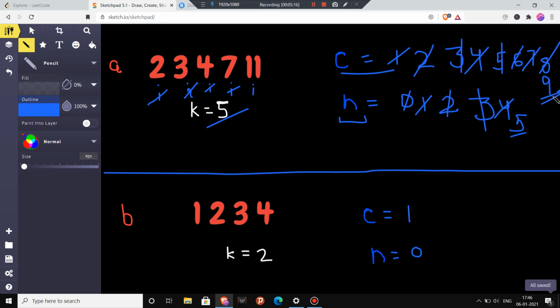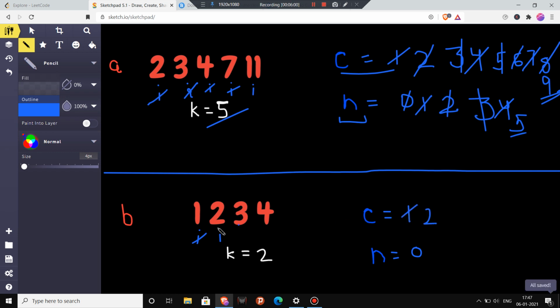Now look at the second example, it will become more clear. Here we have 1, 2, 3, 4 and k is equal to 2. C is initialized to the value 1, and I starts from the 0th index. Now our C is equal to B of I, so we will increment our C and I both.